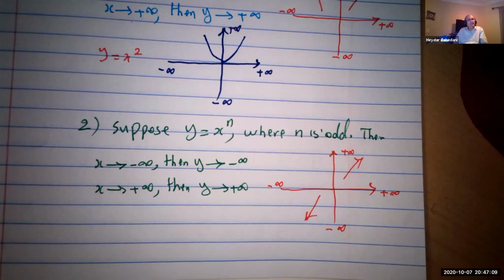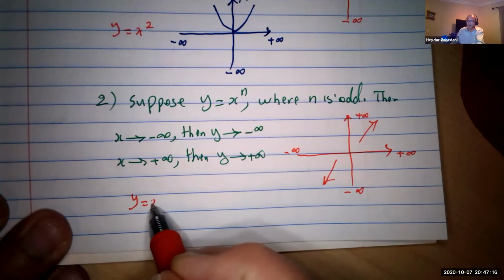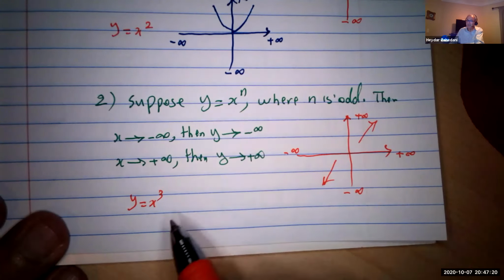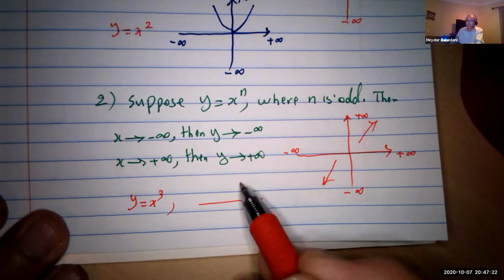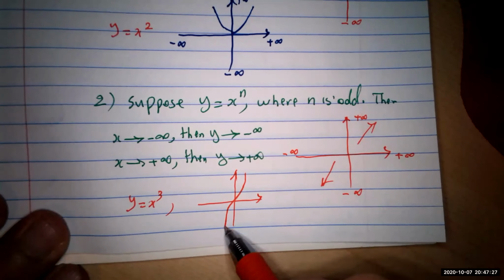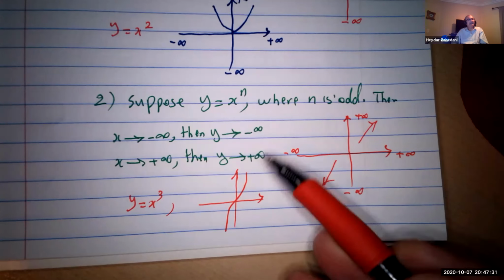That would help us to be able to graph it. Again, the typical example is y equal to x cubed. Remember, we checked this one before in the library, if you like. So what was the graph of this function? Look at the graph. This is the graph. You see? Down, up, down, up.